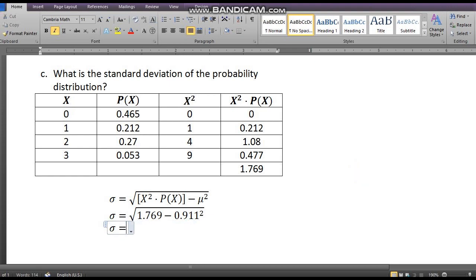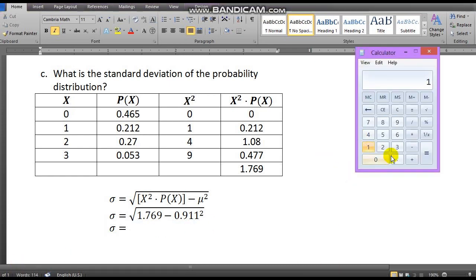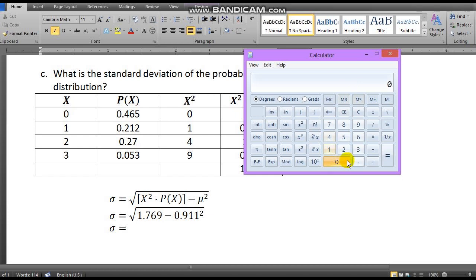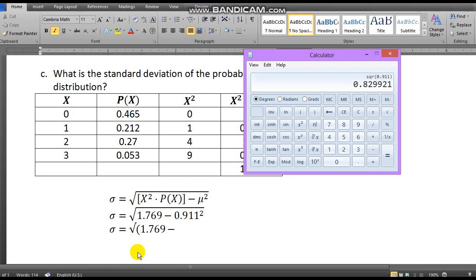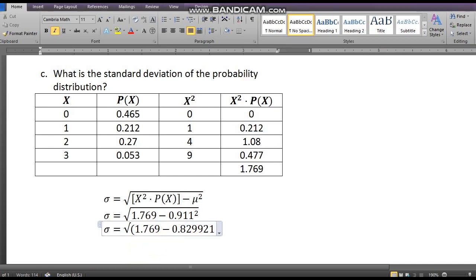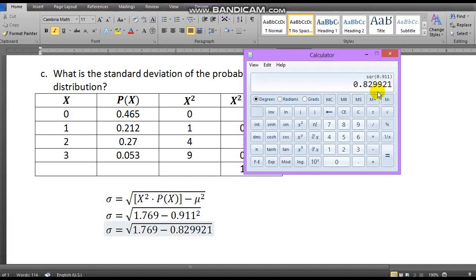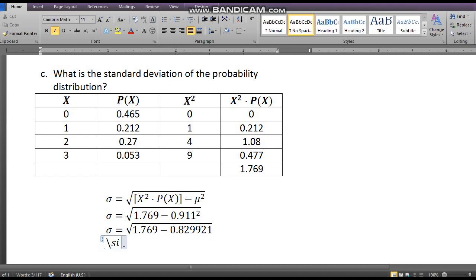Let's compute the square first. 0.911 squared is 0.829921. Let's not round it off yet.